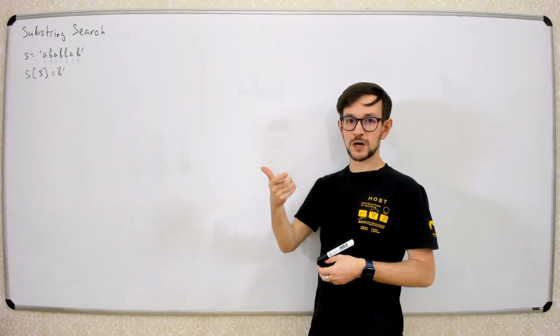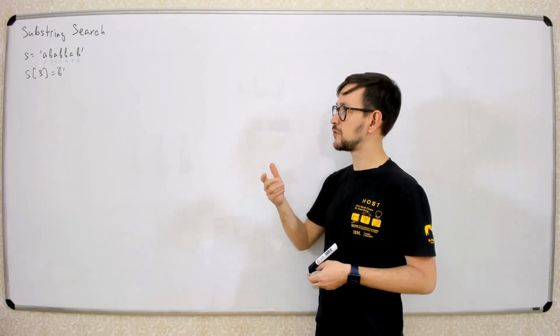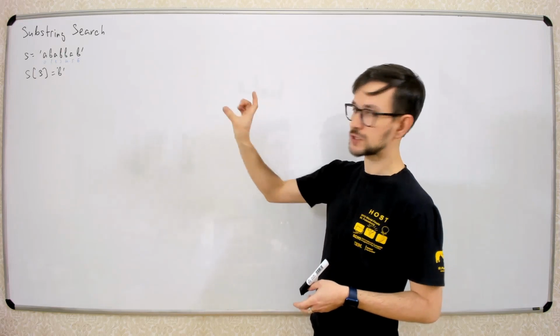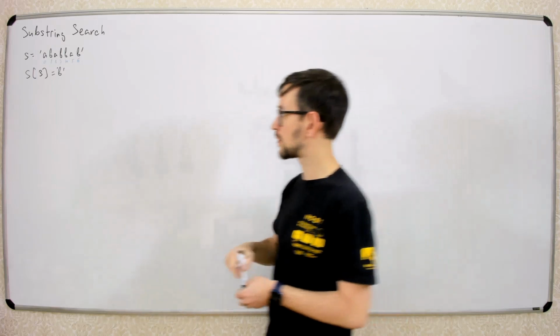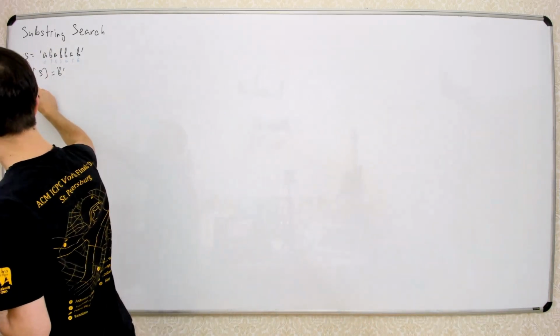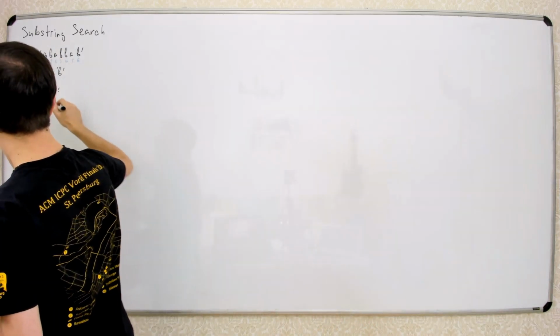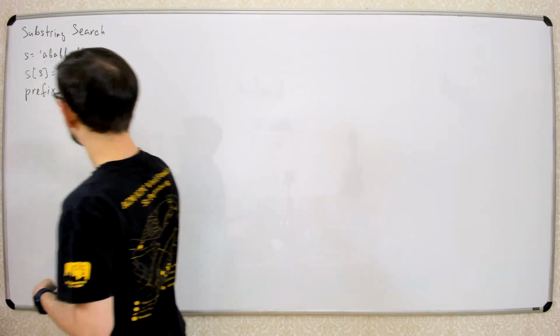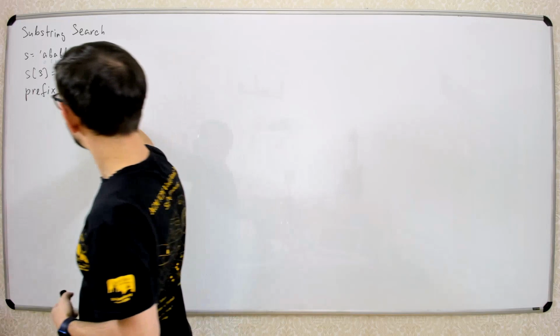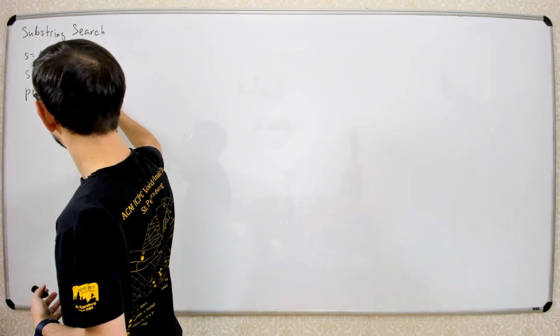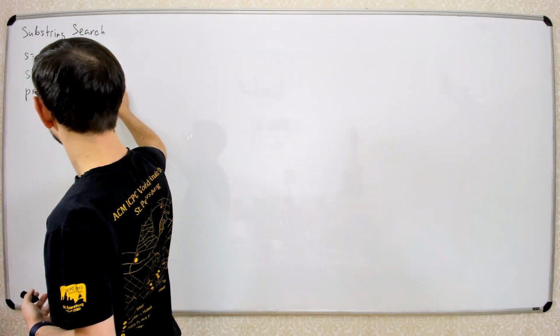Some parts of the string have special names. For example, if you take any number of first letters in the string, you will have some prefix of the string. A prefix is like the subarray which contains some first letters, so it's something from 0 to I minus 1.